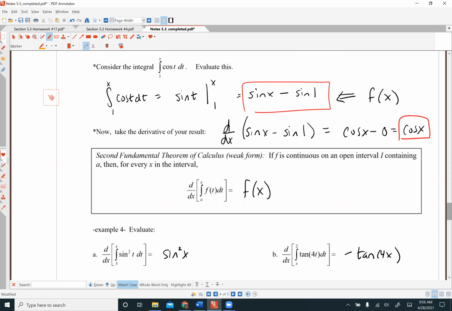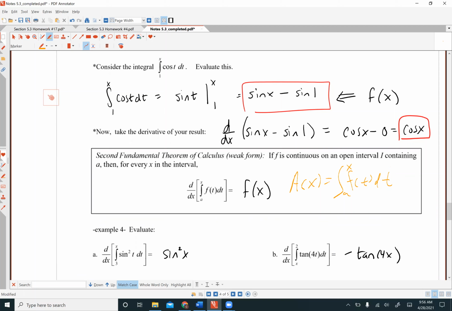So basically it's an area function. As x changes, we get a different area. And it's saying that the derivative of the area function is f of x.